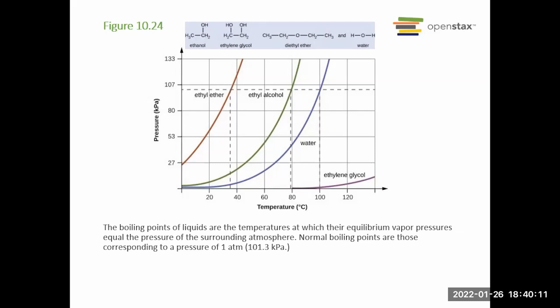Who would have the highest boiling point? Ethylene glycol would have the highest boiling point. Who would have the next highest? Water. And then it would be alcohol, and then diethyl ether.